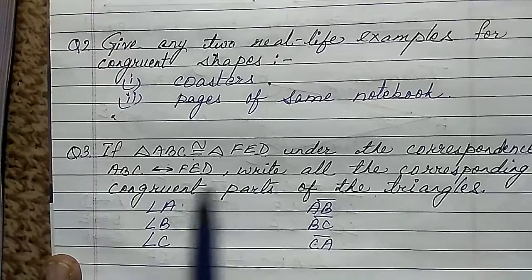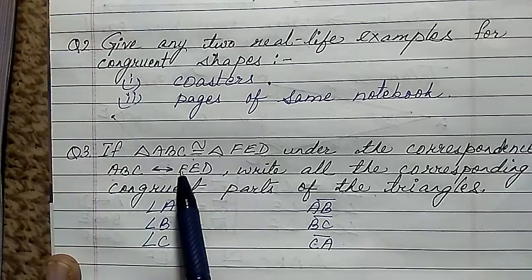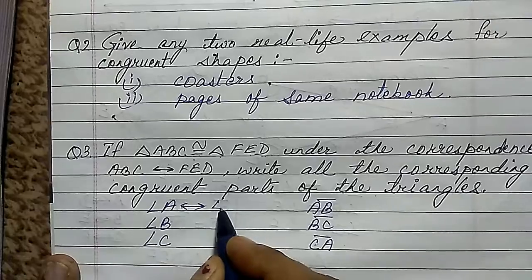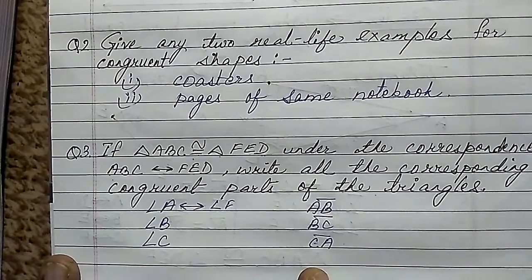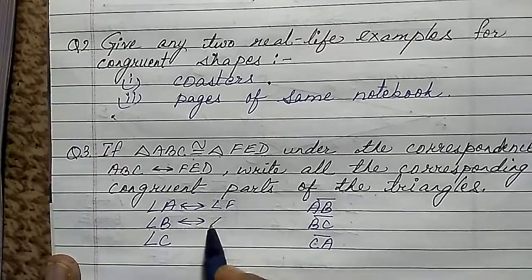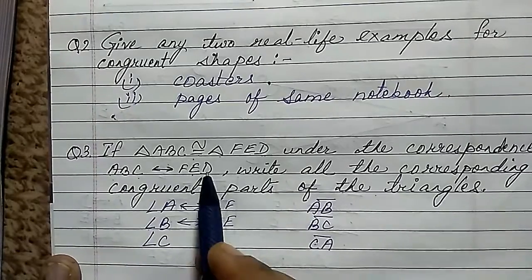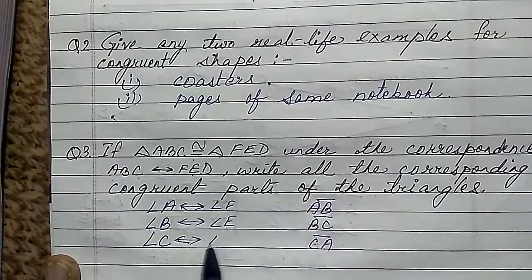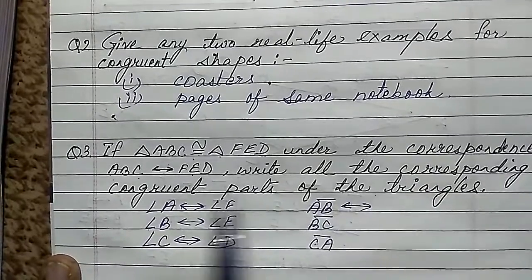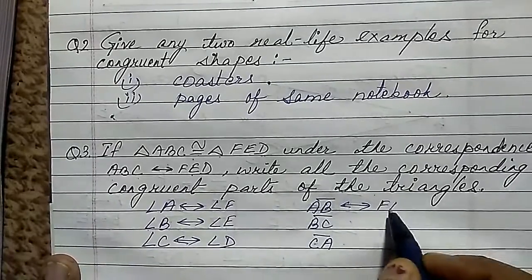Now we talk about the triangle FED. Here pay attention: A corresponds to F. So what will be the corresponding part of A? F. Next, if I talk about angle B, that will correspond to angle E. B, E. C, D. Here, similarly, sides of the triangle: AB corresponds to FE.